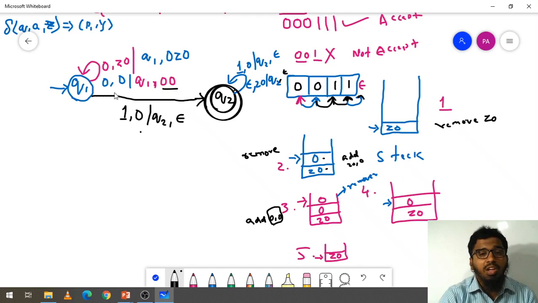Next, when our header is moved to the next one, so q1 on 1. Whenever we have 1, and in the stack we have 0, at that time we need to pop the data from the stack corresponding to 0. 1 comma 0 goes to the q new state and it will give epsilon.